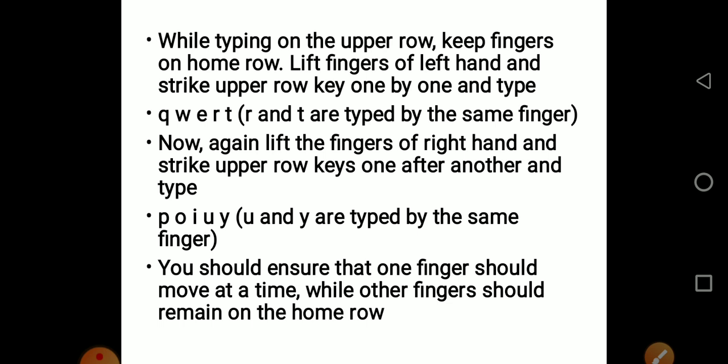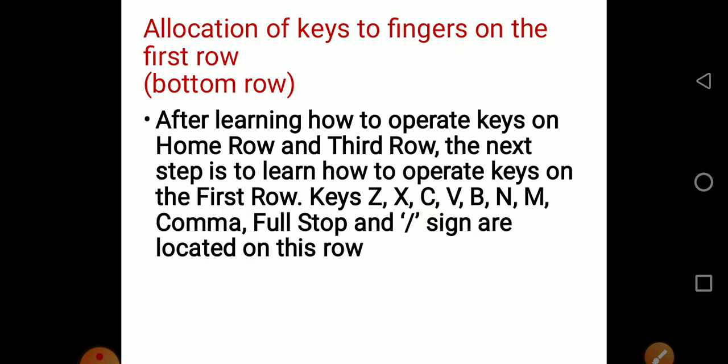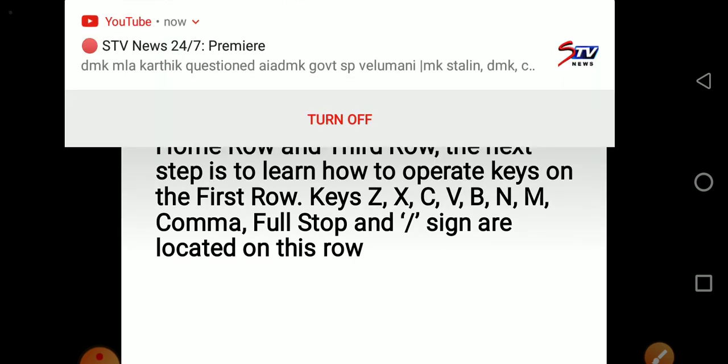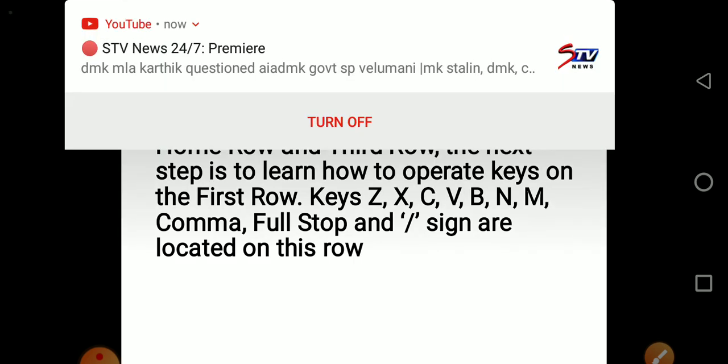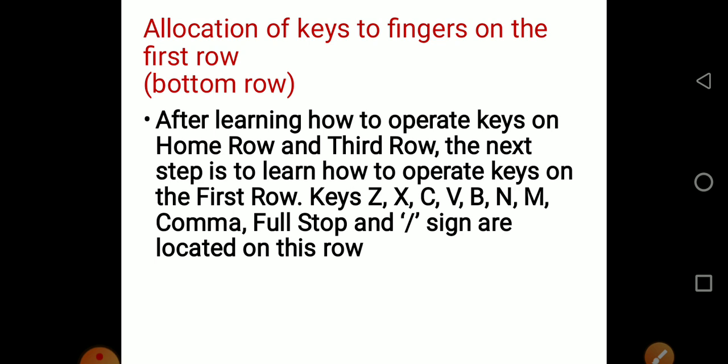So this is what is explained here, what I told you with the figure. Allocation of keys to fingers on the first row, that is the bottom row. After learning how to operate keys on the home row and third row, the next step is to learn how to operate keys on the first row.